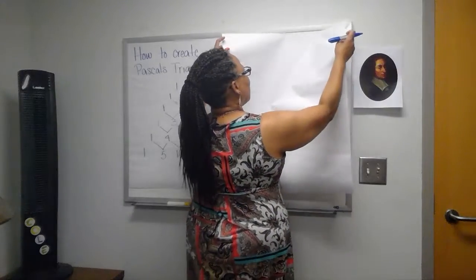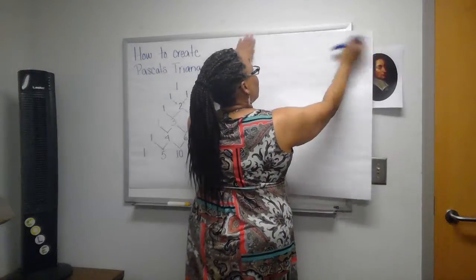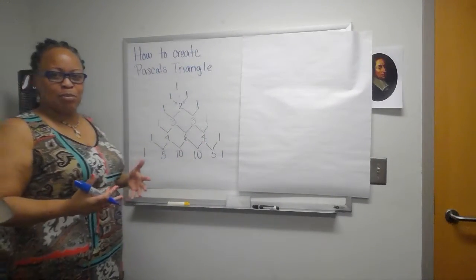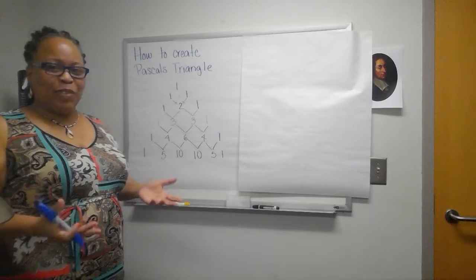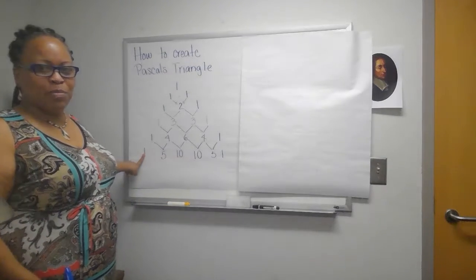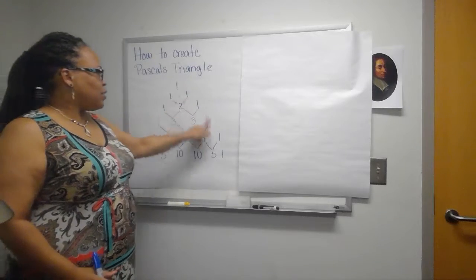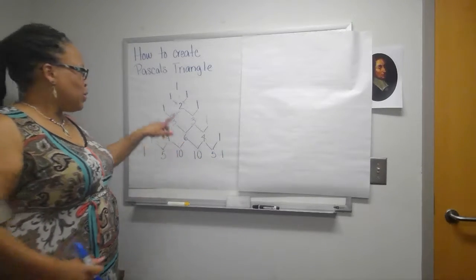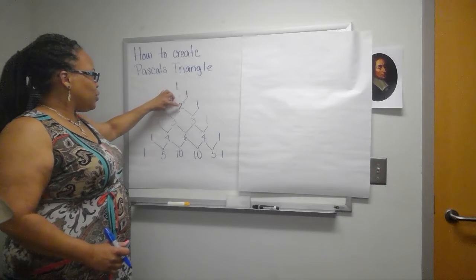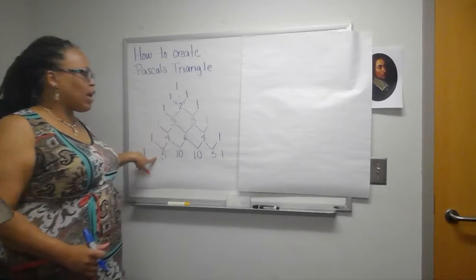So Pascal's triangle, if you notice, creates kind of a pattern. And that pattern turns out to be something rather fun if you look at it. Like we just stated, all of the diagonals are ones on either side. Then when you start to go internally, what do you notice? 1, 2, 3, 4, 5.